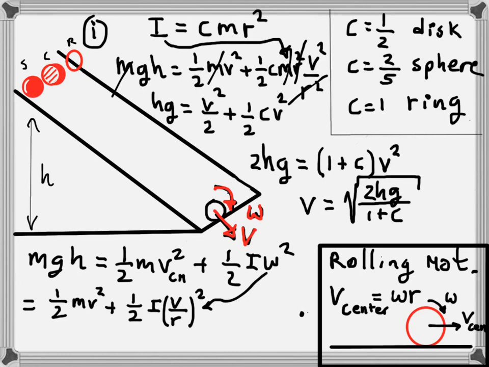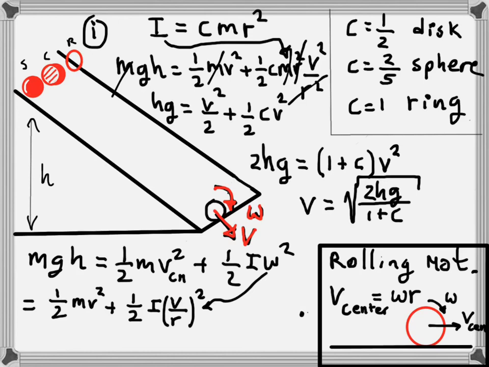Something interesting to compare with is if these objects had been sliding down the incline with no friction whatsoever. We've done this before: the velocity of an object sliding down an incline is the square root of 2gh. So we see that for a rolling object, the fact that some of the translational kinetic energy has to be converted to rotational kinetic energy leaves the object with less speed at the bottom.